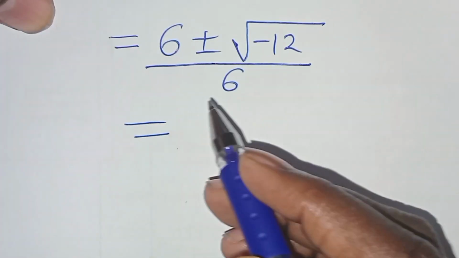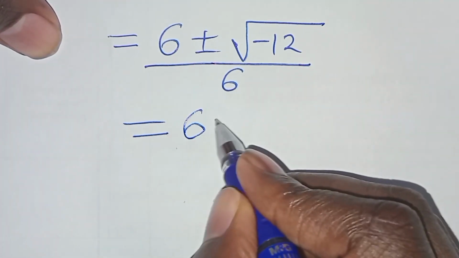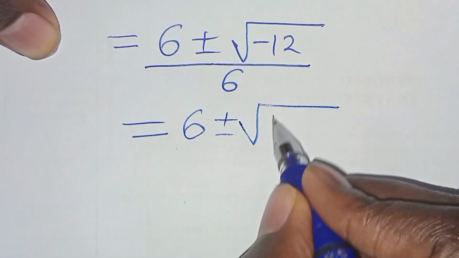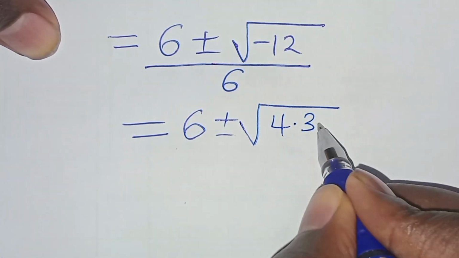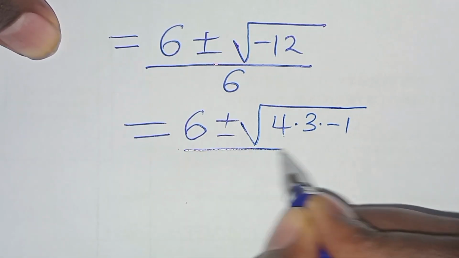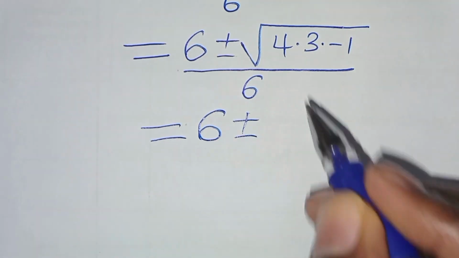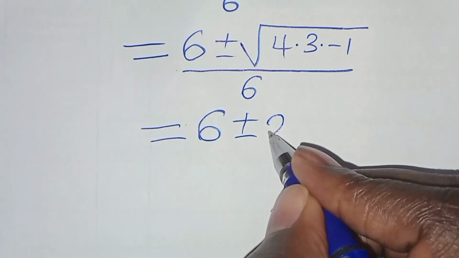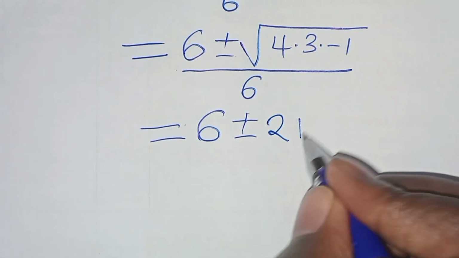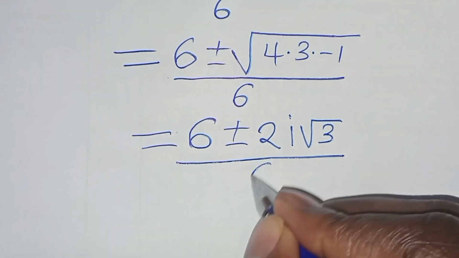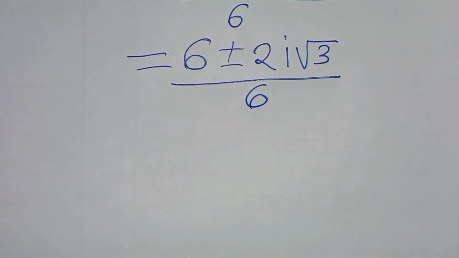So here we can express this as 6 plus or minus the square root of minus 12, which can be expressed as 4 times 3 times minus 1, then over 6. So this implies that here we have 6 plus or minus the square root of 4, this is 2, square root of minus 1, this is i, then square root of 3, divided by 6. So we can factor out 2 here.